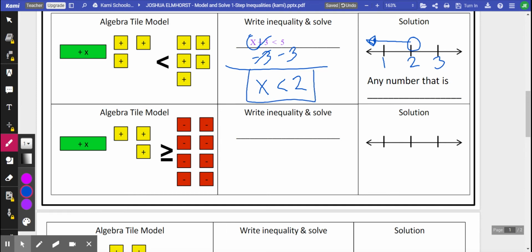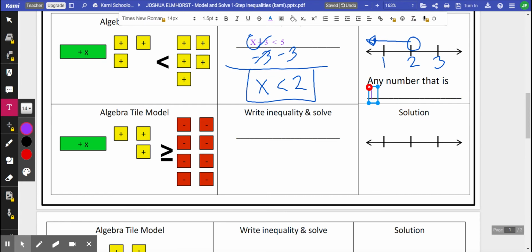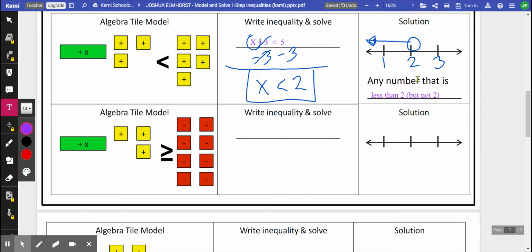So x is less than 2. Any number that is less than 2, but not 2. Because it's not equal to, 2 is not included in this set.